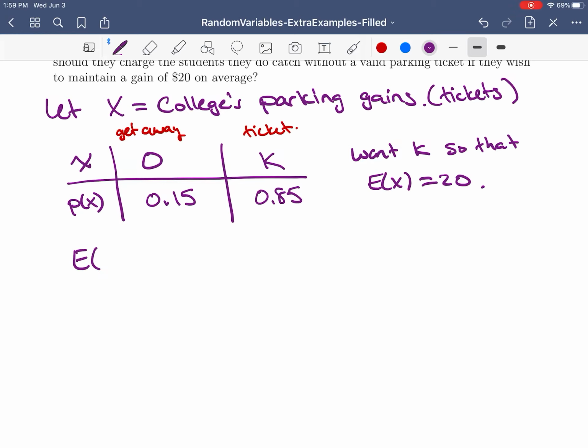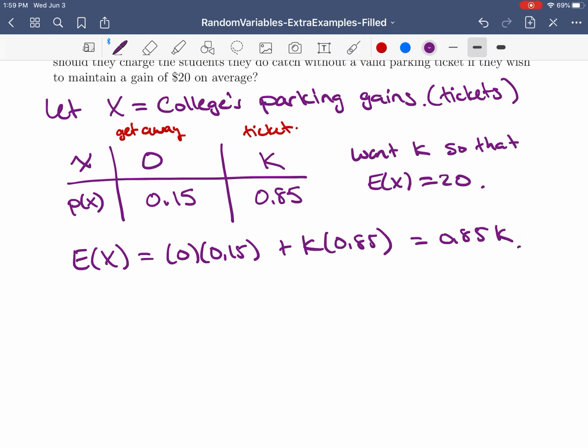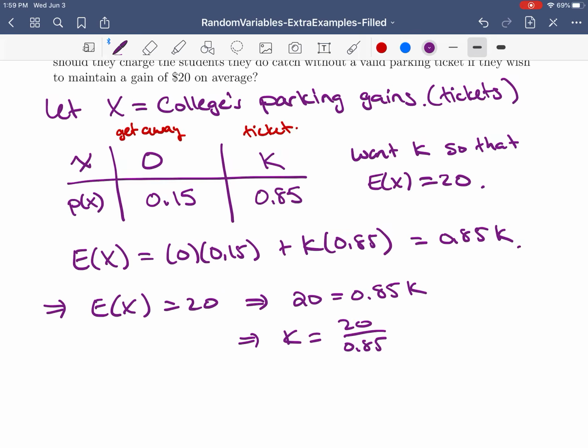Okay, so let's compute the expected value. It's going to be 0 times 0.15 plus k times 0.85. So that's actually just 0.85k. So the expected value equals 20 means that 20 should equal 0.85k, which means that k should be 20 divided by 0.85, which is $23.53.